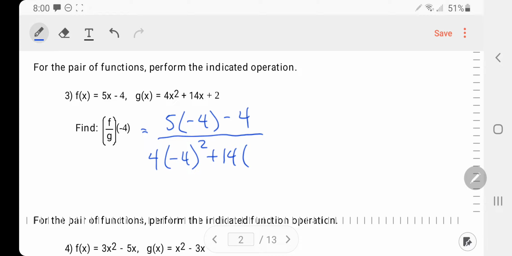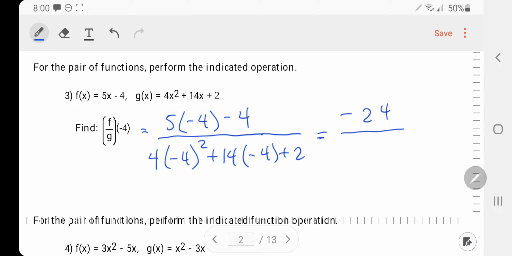So we're replacing every x with -4 in g of x. And then all I need to do is work this out and simplify my fraction. Let's see, that's going to be -20 minus 4 is a -24. And I'm going to use my handy-dandy calculator for the denominator, using my Casio FX-115ES Plus.